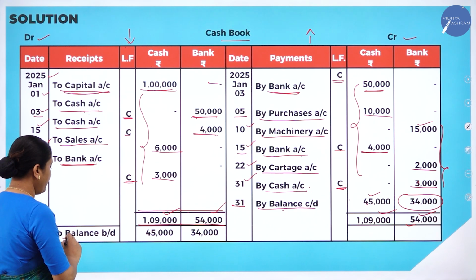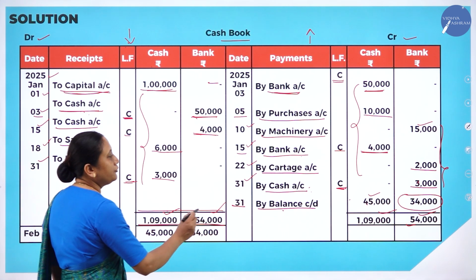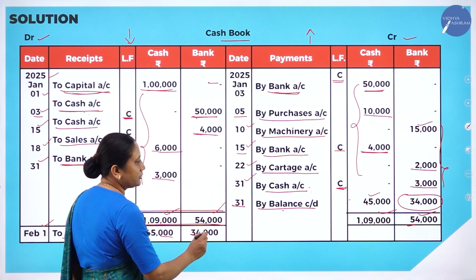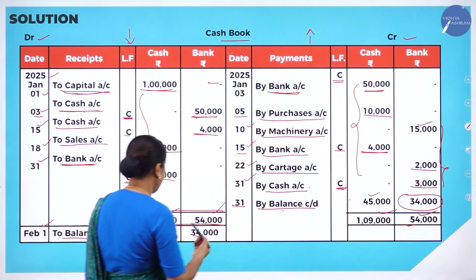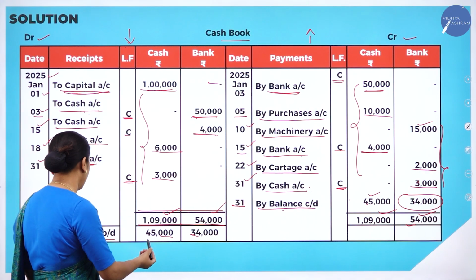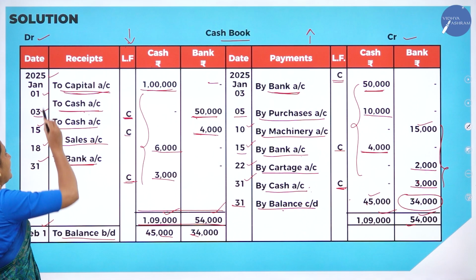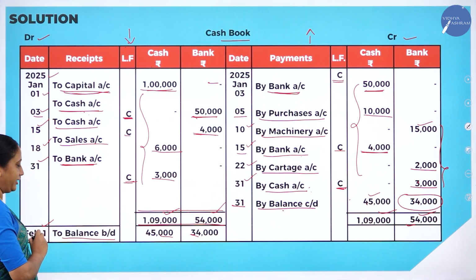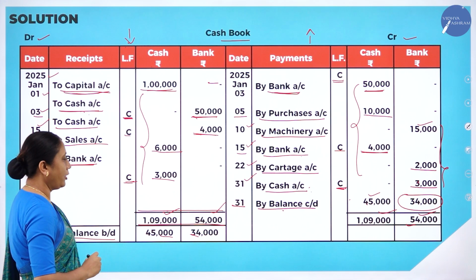February 1, to balance brought down 45,000 and 34,000. The same thing we have to write here. After January, the next month is Feb 1. So, to balance brought down.